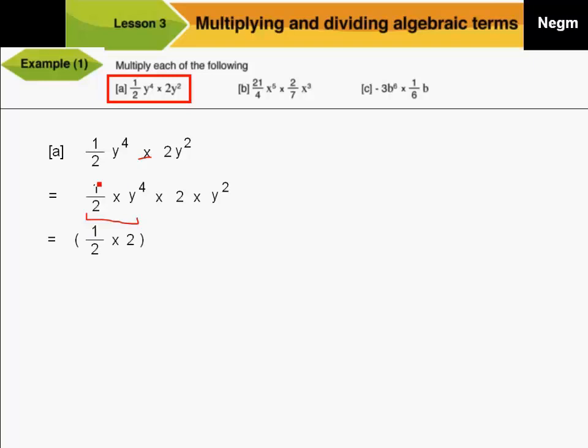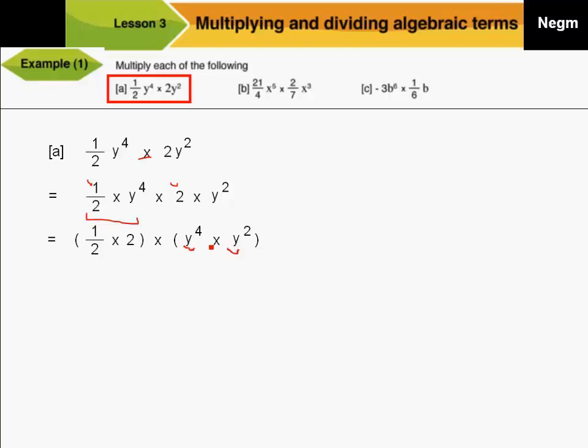We will multiply the numerical parts together. We put half times 2 between two brackets, and the symbols together between two brackets, which is y to power 4 times y to power 2. These are the same symbol, which is y. There is y here and y here.